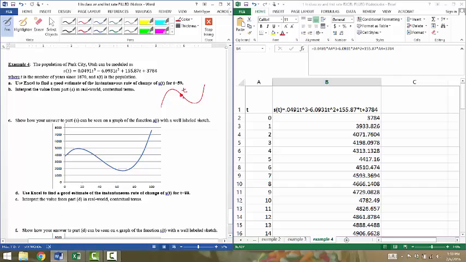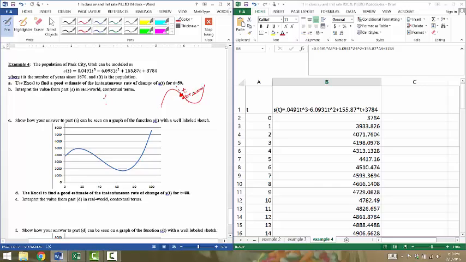Just go a little tiny bit to the right and find the average rate of change, and that will be a very good estimate of the instantaneous rate of change at that point. So I'm going to start at any t and go over to t plus 0.000001. It's a tiny bit to the right, and I'll find the average rate of change between those two.